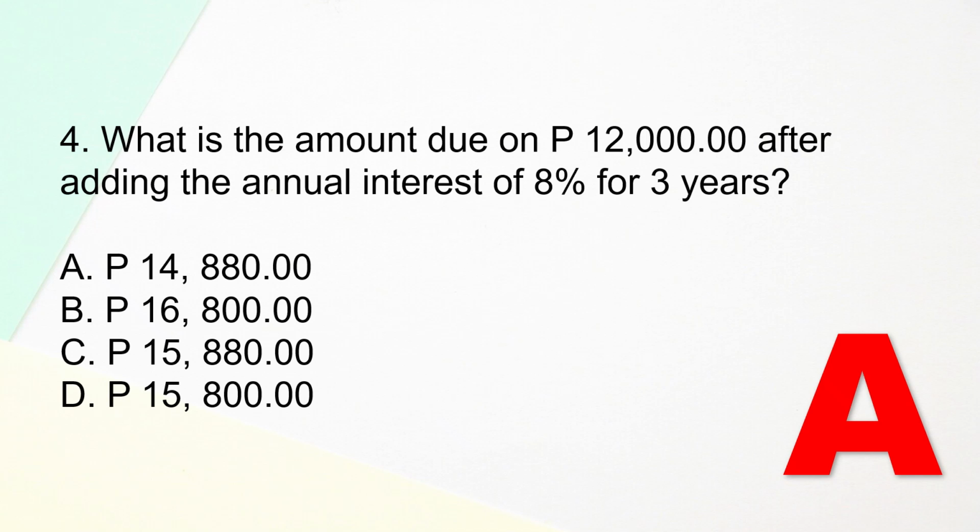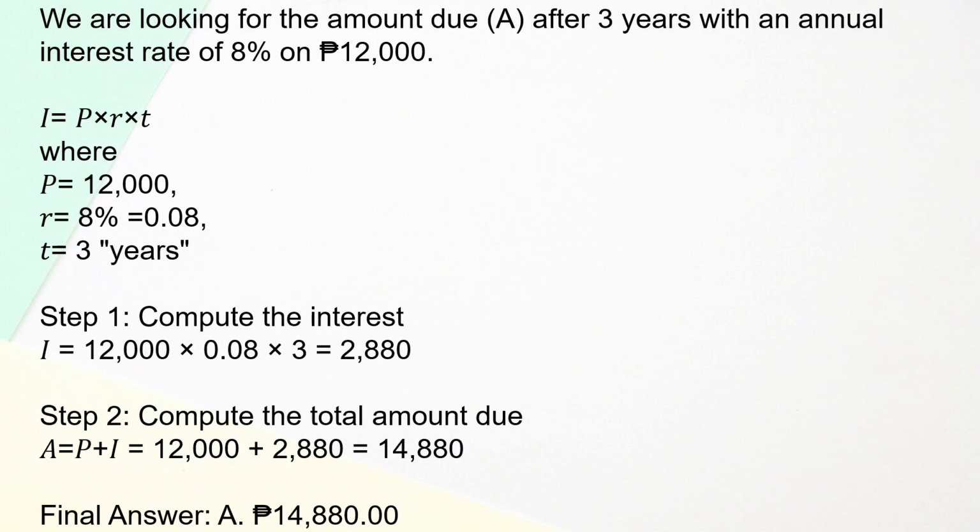Please read what's written on the screen. You may take a screenshot of it because I'm not good at explaining math problems, so you can take a screenshot and study this. Okay, let's move on to the next number.